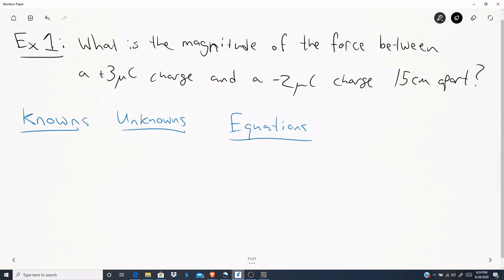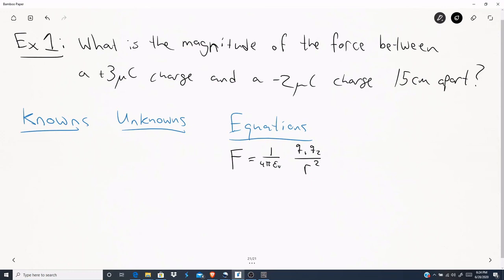We are going to start by writing the relevant knowns and unknowns and the equations that relate them. In this case, the equation is pretty obvious. The magnitude of the force is 1 over 4 pi epsilon 0 times the ratio of the product of the two charges to the distance between the charges squared.